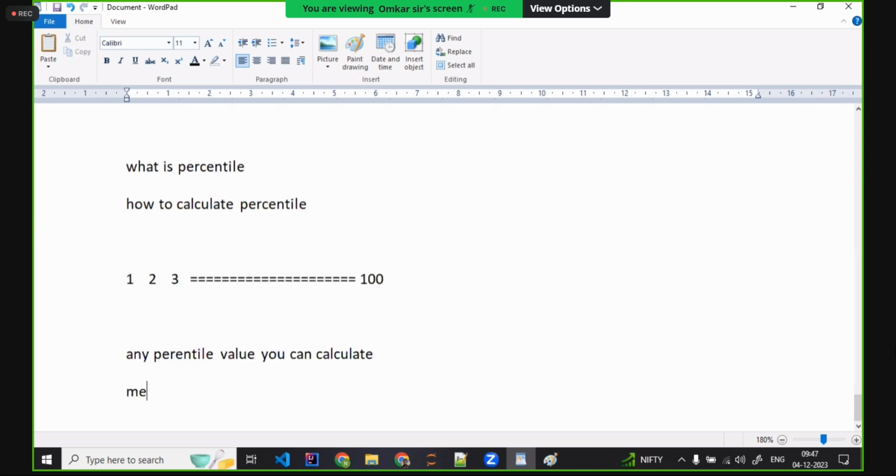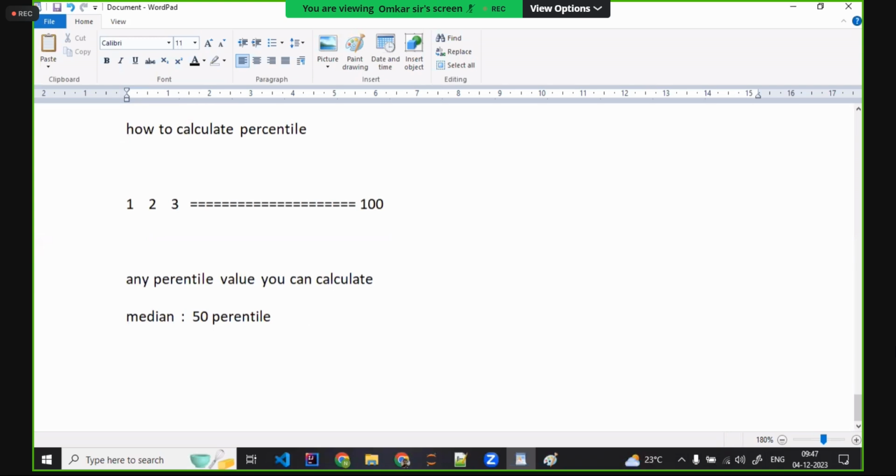But always remember, median is nothing but the 50 percentile value. Don't forget this. That means out of the total observations, 50% of the data is less than the median value. What is the 50 percentile meaning?